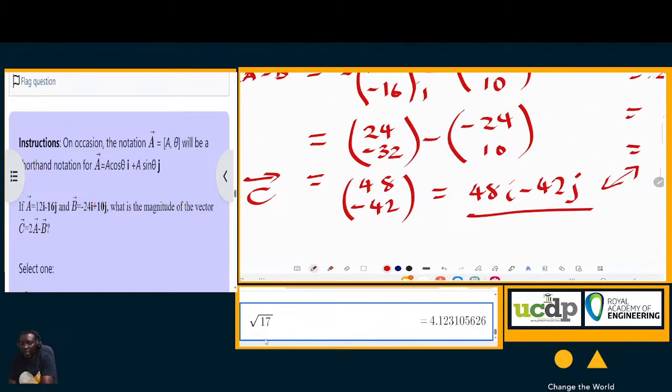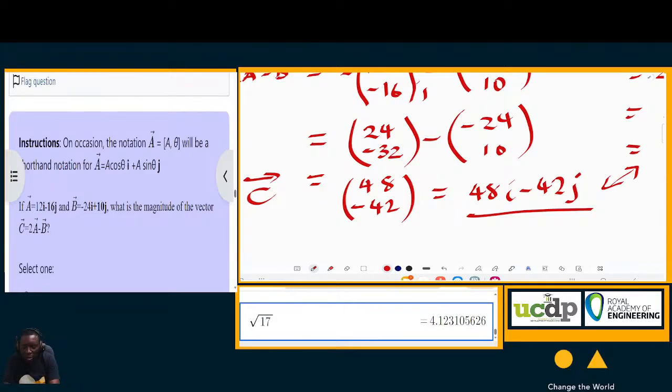Because we have vector C, back to the question, what does the question require us to find? It requires us to find the magnitude of C. Very good.